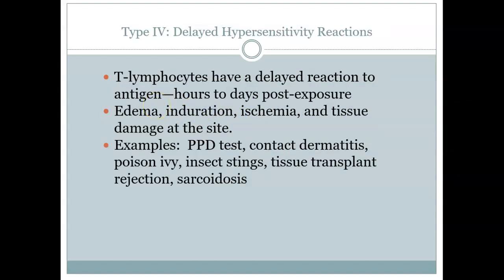And the last type of hypersensitivity reaction we have is type 4. This is when the T lymphocytes have a delayed reaction to the antigen. Instead of it happening within a few hours, this delayed reaction could occur hours to days post-exposure.